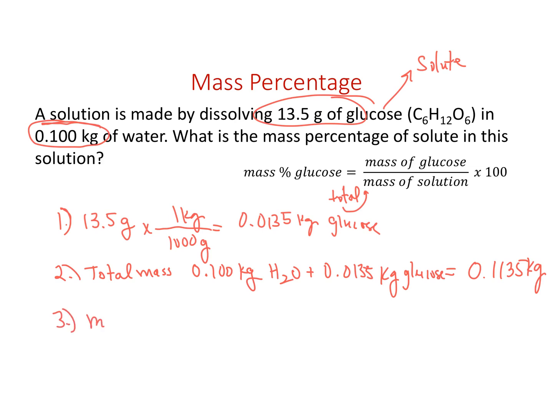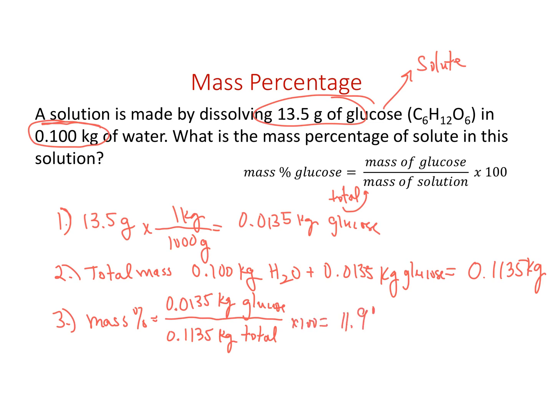Now I can find the mass percent. So I have approximately 0.0135 kilograms of glucose in a total mass that weighs 0.1135 kilograms times 100, right? And that gives me about 11.9% glucose by mass.